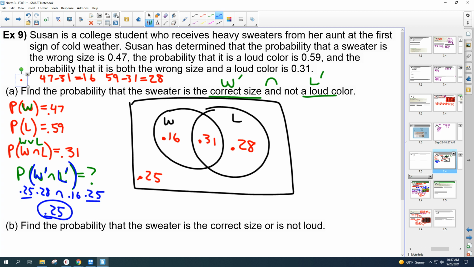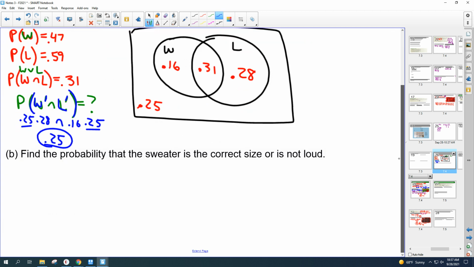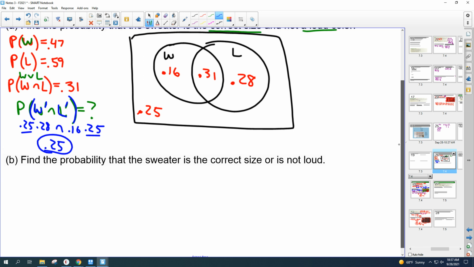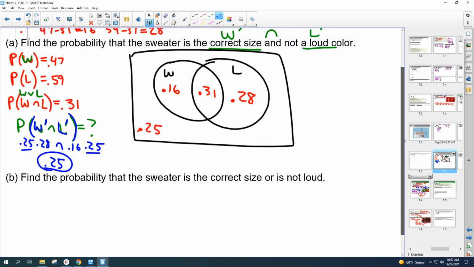Part B, find the probability that the sweater is the correct size or is not loud. So correct is not wrong, or is not loud. Not wrong or not loud.